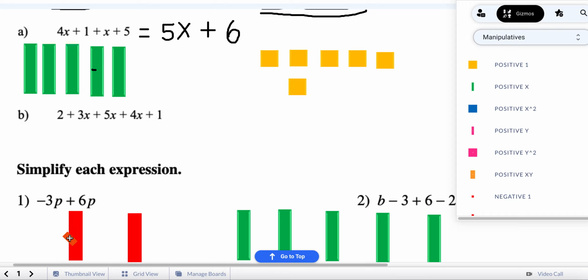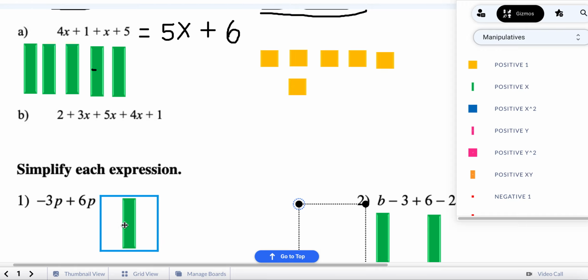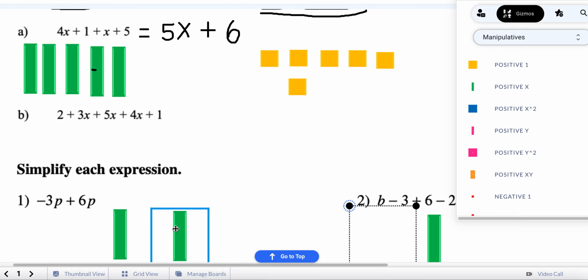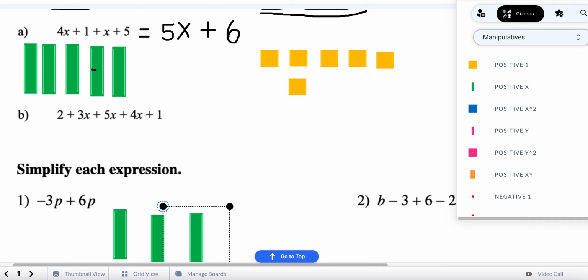So this negative cancels with this positive, and then I have 1 more negative that cancels with this positive. Do I have any more that can be canceled? No. So therefore my answer will be 3 positive variables, or 3p. So negative 3p plus 6p equals positive 3p.